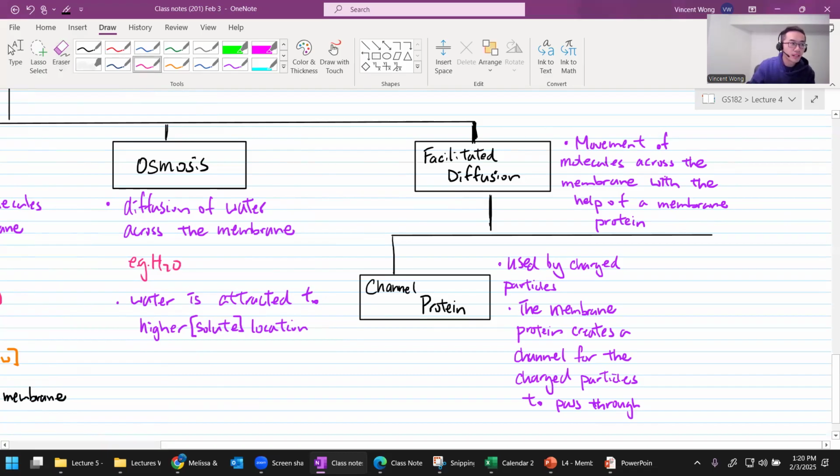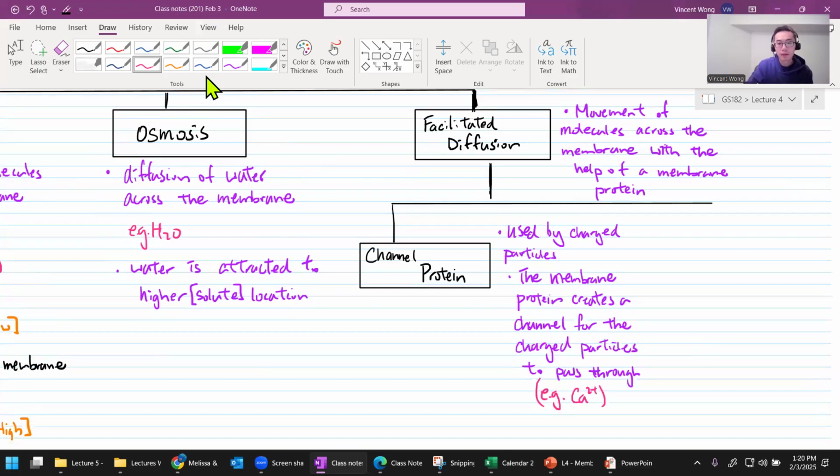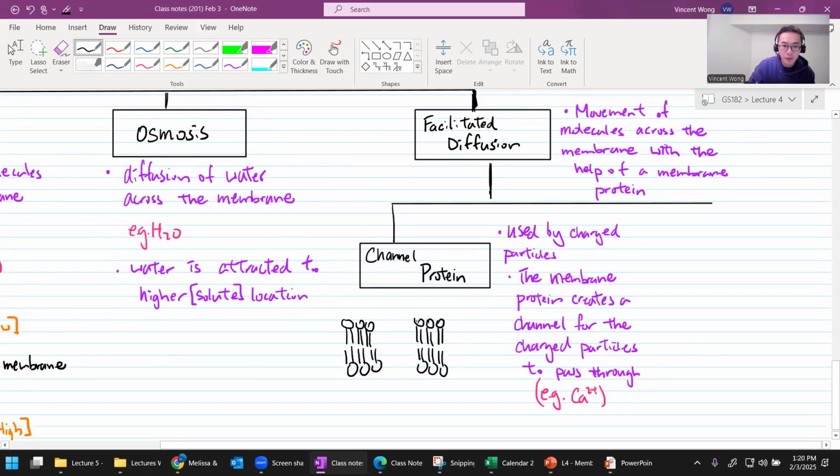An example of this would be calcium ions. Okay, so let's draw this guy out. Now this would be a kind of integral protein where it spans all the way through, but then it has a tunnel in the middle.